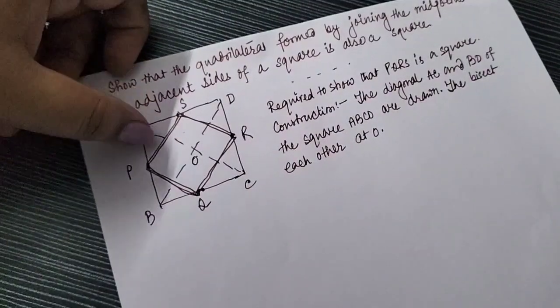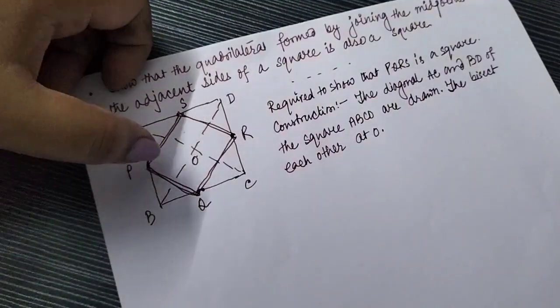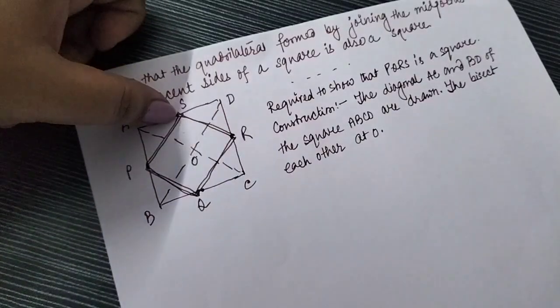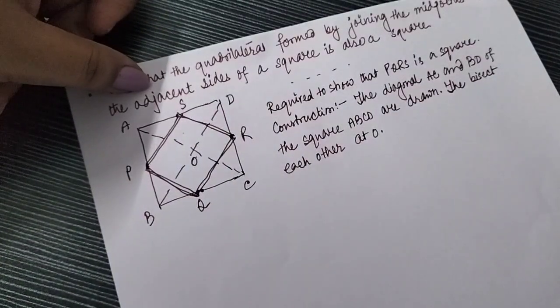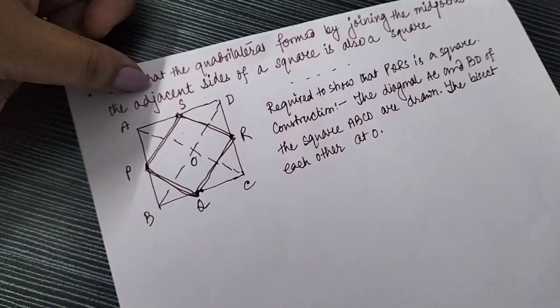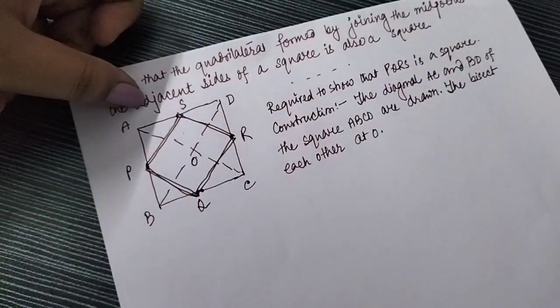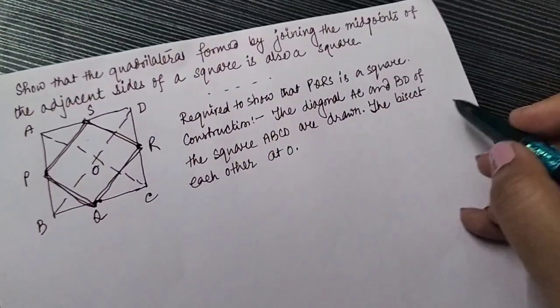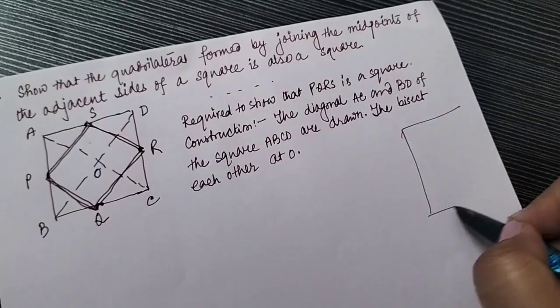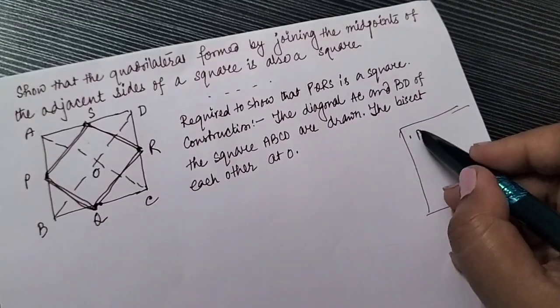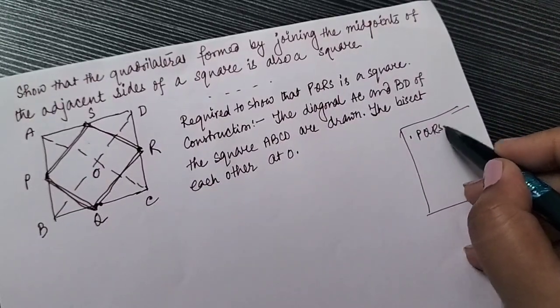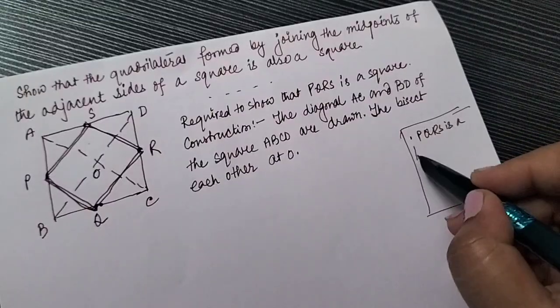And thirdly, we shall show each angle, angle P, angle Q, angle R and angle S is 90 degrees in measurement. So, first step is what? PQRS is a parallelogram. So, let's write down the steps for your convenience. PQRS is a parallelogram.